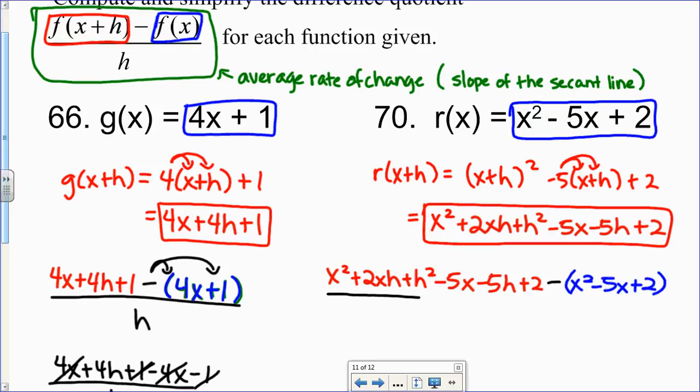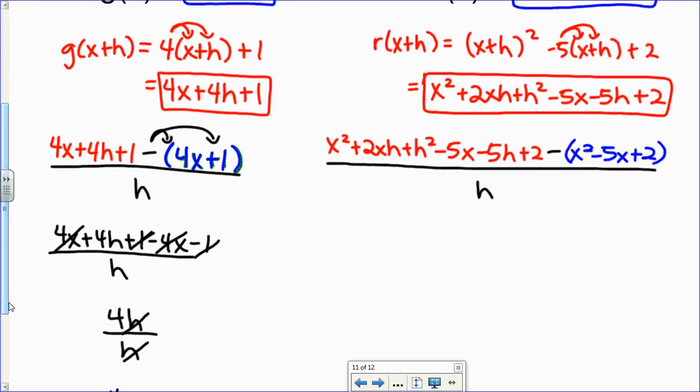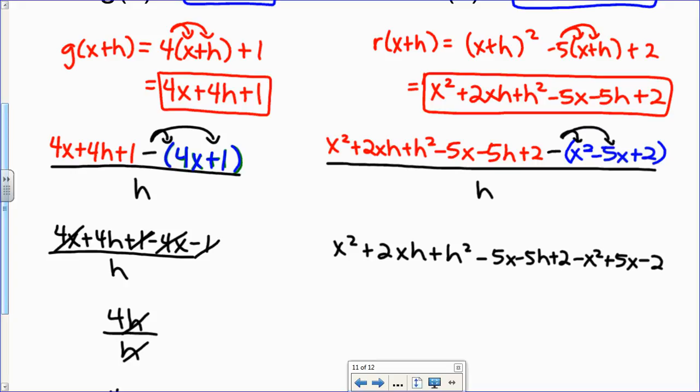And then that's all over h. So distribute your negative and then combine your like terms. And you will get things that will cancel. So distribute the negative.